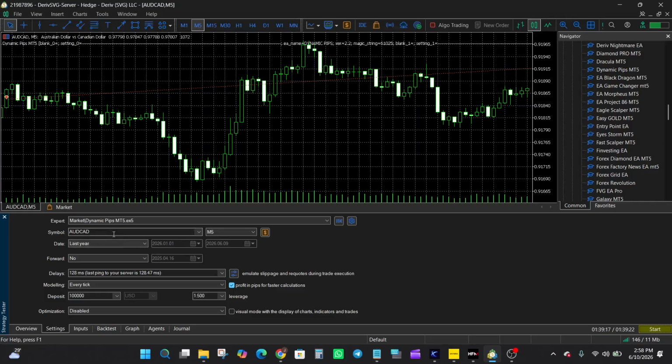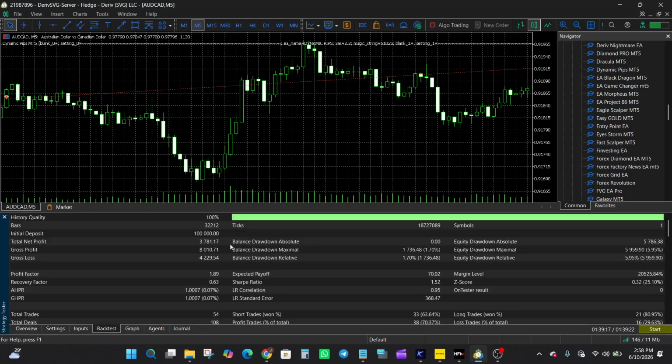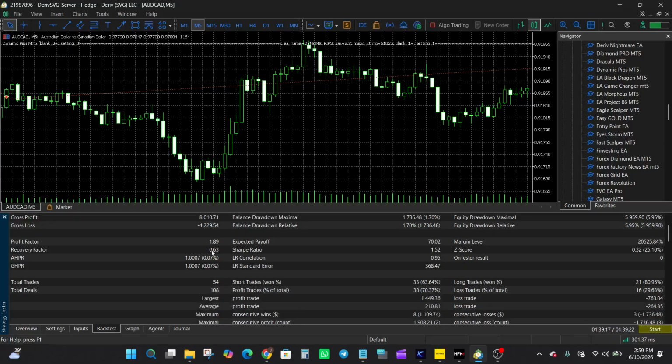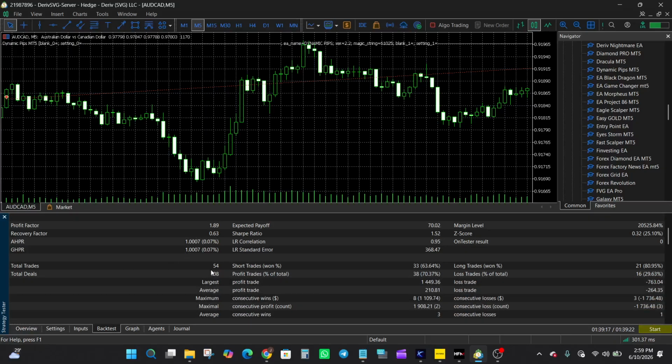So I'm testing the EA on AUDCAD, one of the recommended pairs, on the M5 time frame. For the delays, we are using the last ping to the server, and I'm using the every tick modeling. So looking at the backtest results, you can see that from an initial deposit of $100,000, the total net profit was 3,781.17, and the total trades taken were 54.